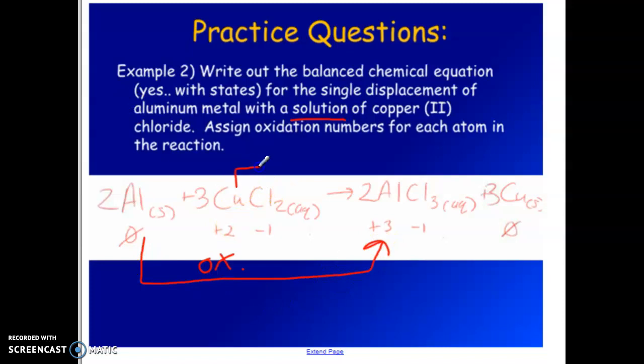And copper is going from positive 2 to 0, which means it's doing the reduction portion of this reaction because it's going down in numbers. And chlorine is not changing at all. It just so happens to be there.